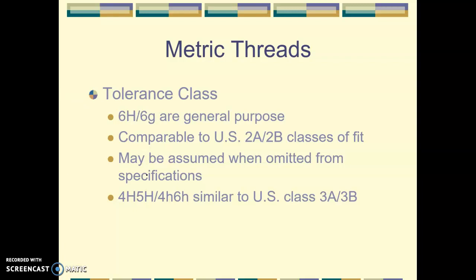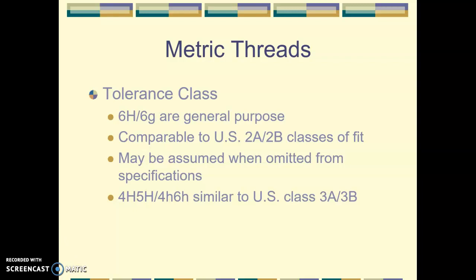Now, a difference here is that in the metric system, it's not the letter that indicates the class of fit, but whether it's capitalized or not. So a capital letter H indicates an internal thread, or there's also G.